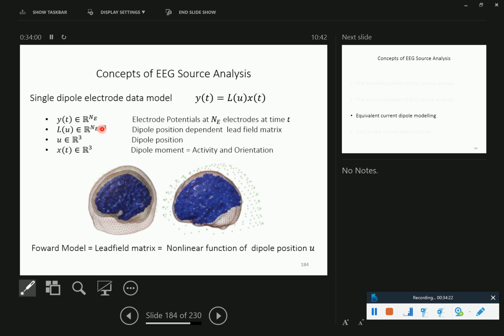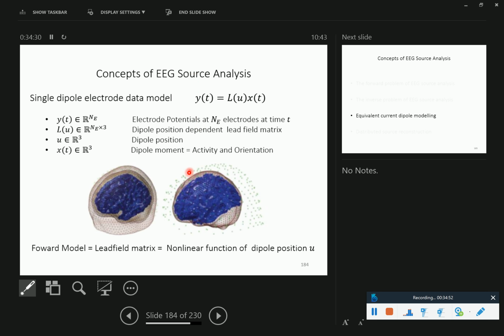Yeah? Which also means that the columns of the lead field matrix represent the electrode potential that you would have for a dipole of unit size in either the X, Y, or Z direction, right?